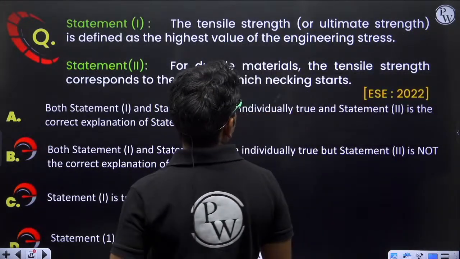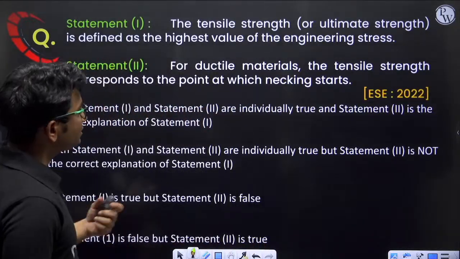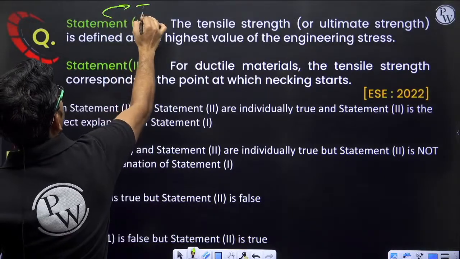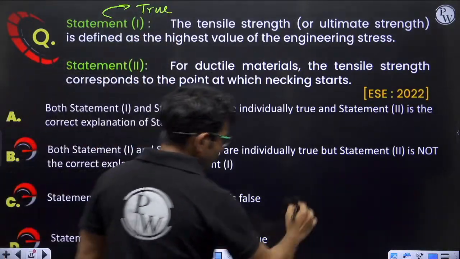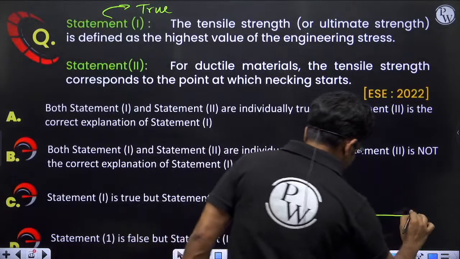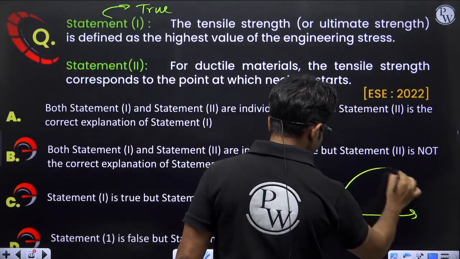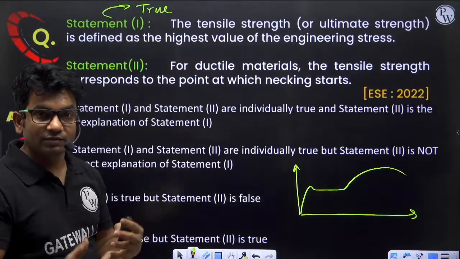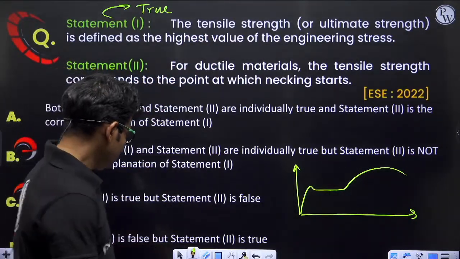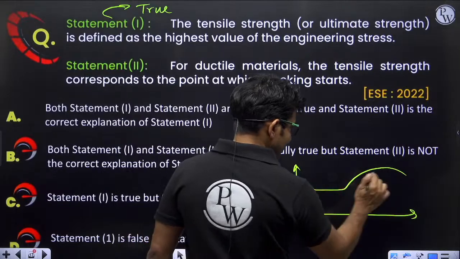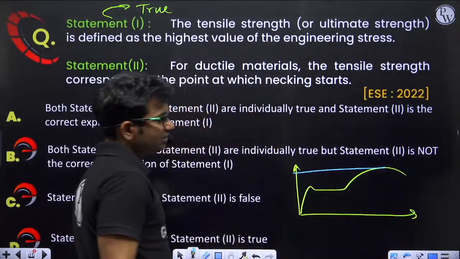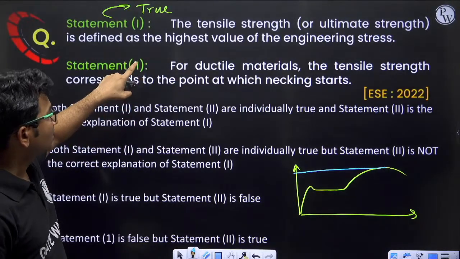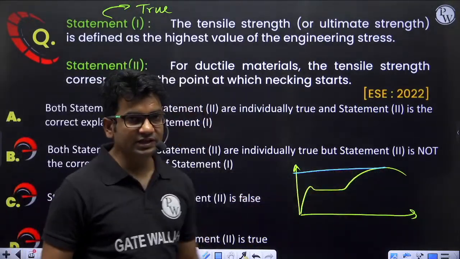Tensile strength or ultimate strength is defined as the highest value of the engineering stress. Yes, this is true. When we draw the engineering curve, let us take an example of mild steel. Tensile strength is the strength of the material, the ultimate stress that it is able to withstand, and it is the highest value of engineering stress.